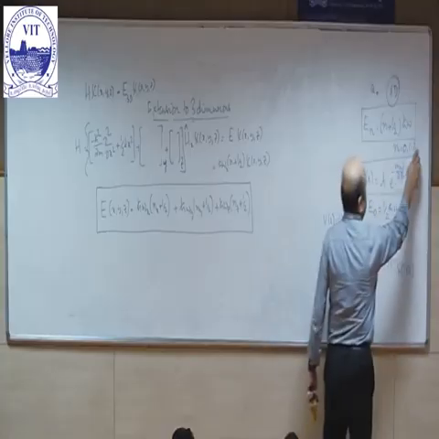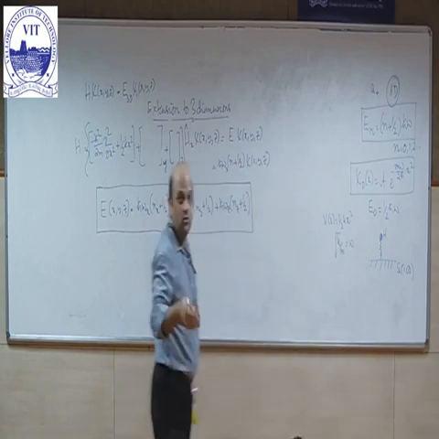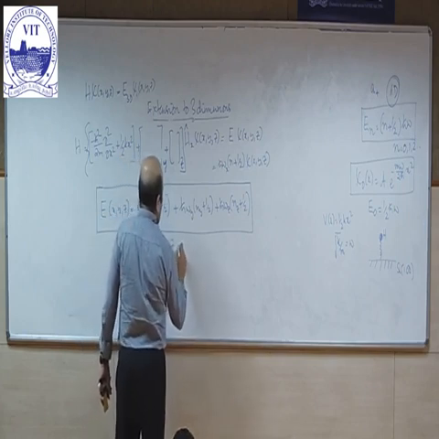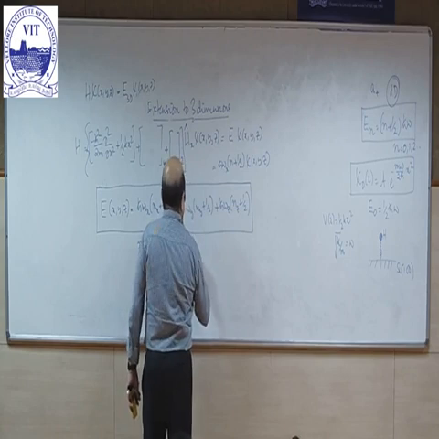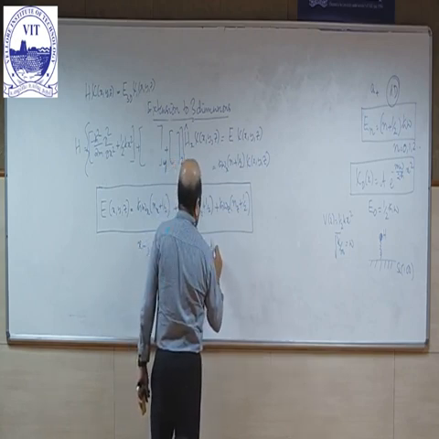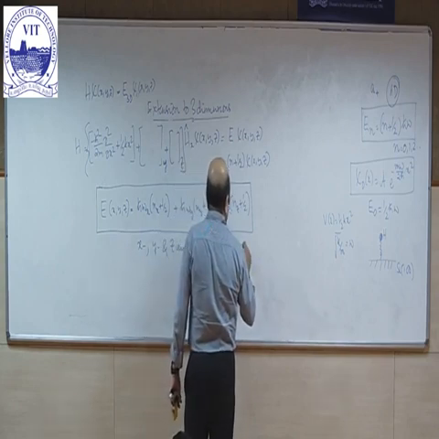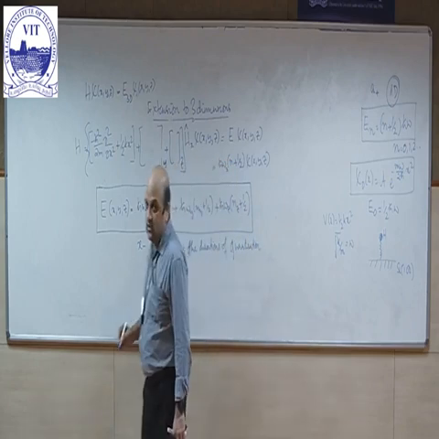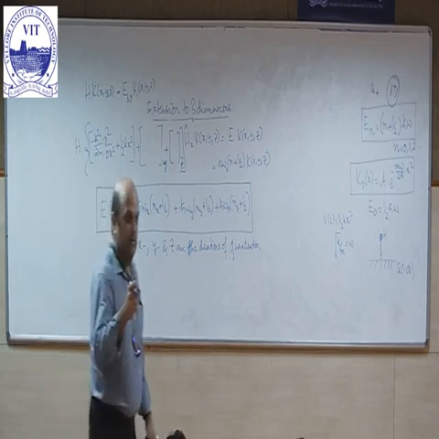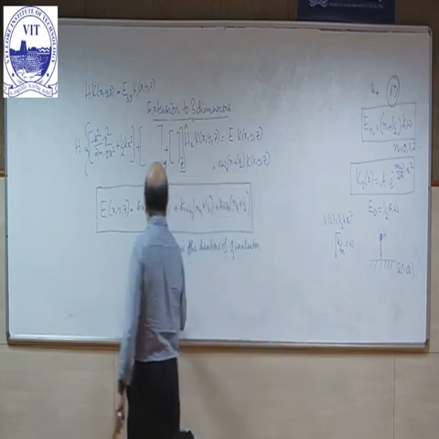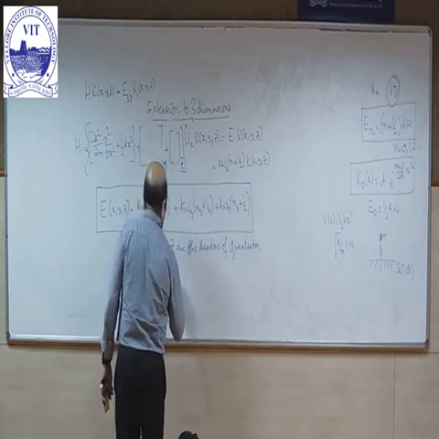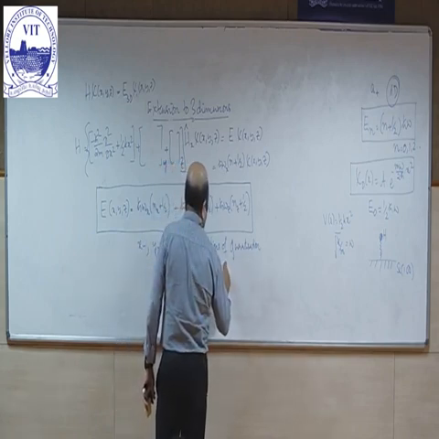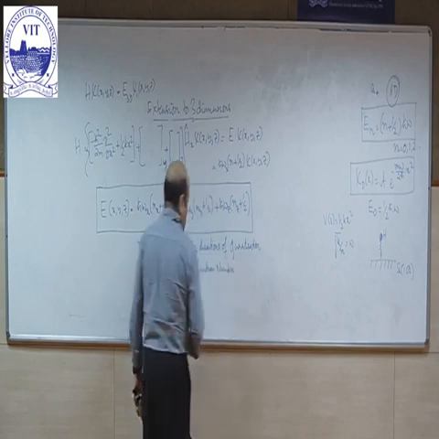Remember, n is 0, 1, 2, 3, etc. So obviously x, y, z components also are discrete values. And nx, ny, and nz, you can call them quantum numbers, and individually these can have 0, 1, 2, etc.